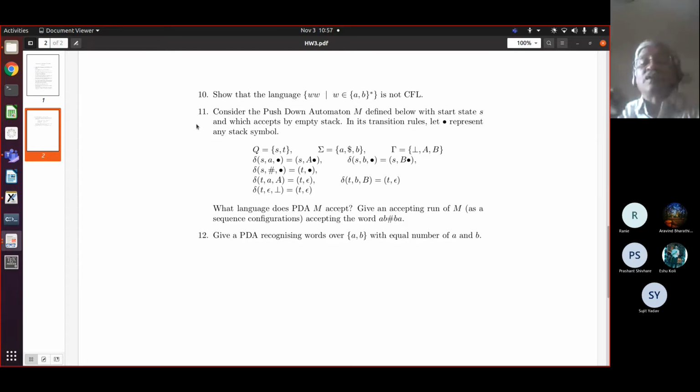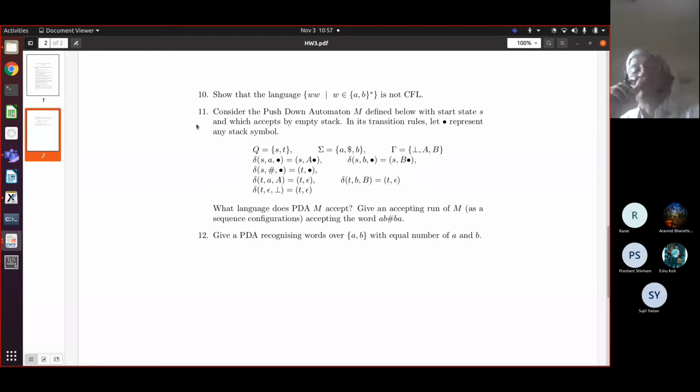Hash is the marker, the middle marker in the string. Yes, so the hash symbol needn't always denote any letter from sigma. No. Where is that convention? Like in regular expressions, we had used that convention, right? No. That was just for illustration. If you like, convert this hash to some other special marker symbol called dollar. It doesn't matter. It's just a symbol which is different from A and B. Okay? Yes. And there's a typo here: Sigma consists of A, hash and B, 3 symbols, not A, dollar and B. So would you please correct it?